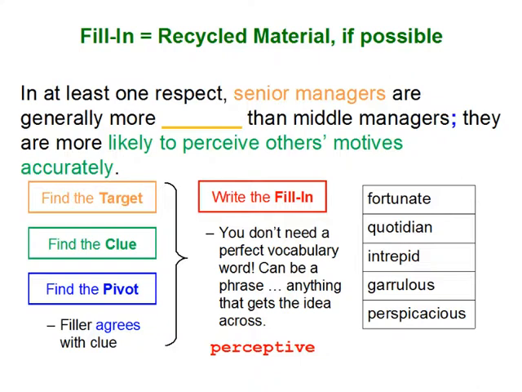This is what the GRE is testing. If you are perceptive, you might also be fortunate. You might also be intrepid, but that's not guaranteed. Whereas if you are perceptive, you are guaranteed to be perceptive. Thus the beauty of recycling when playing the GRE game.